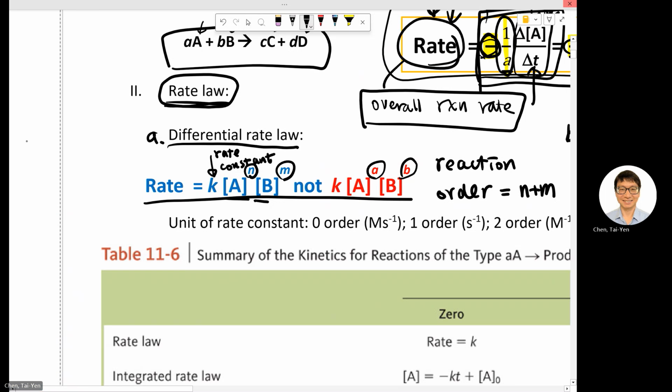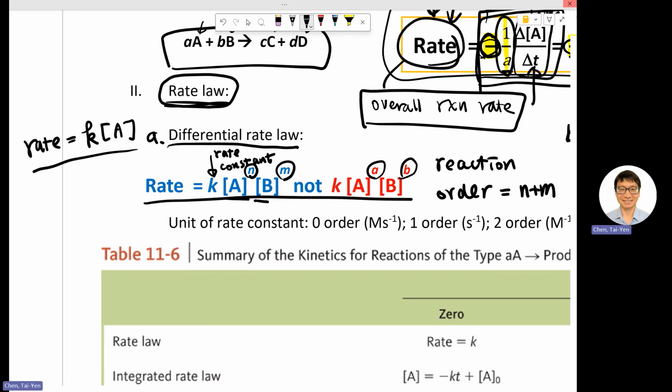For example, for this specific equation, you can say the reaction is proportional to the reactant A to the first order, right? And because this is the differential rate law, you can say the overall reaction order is simply equal to 1.